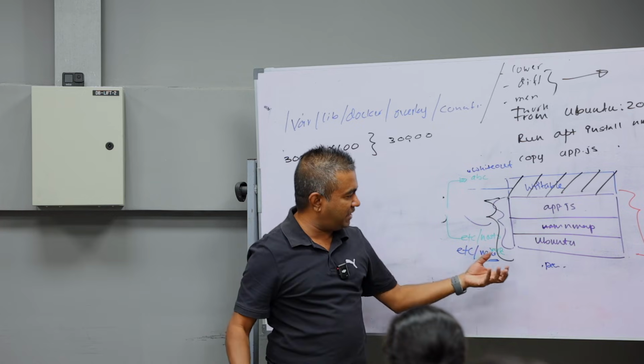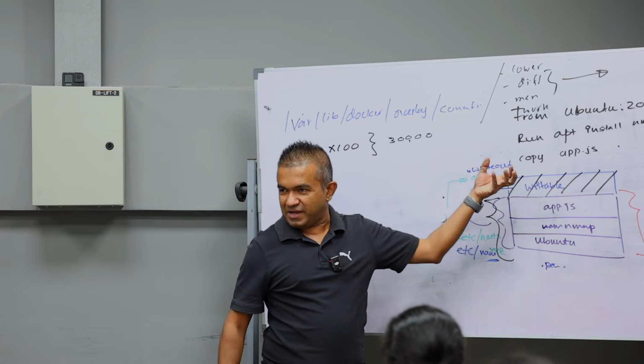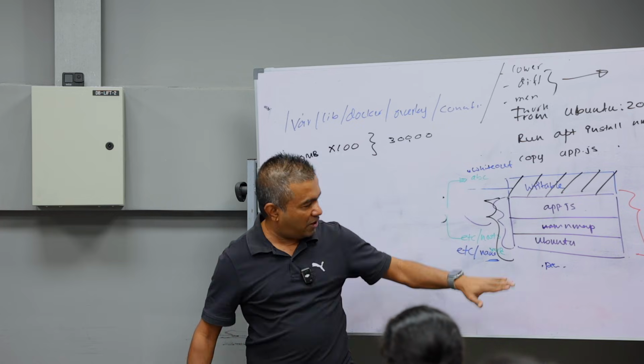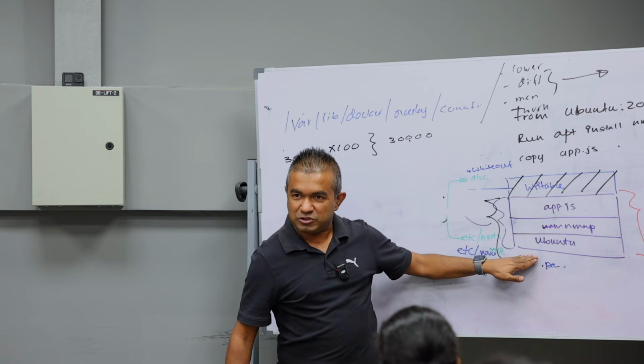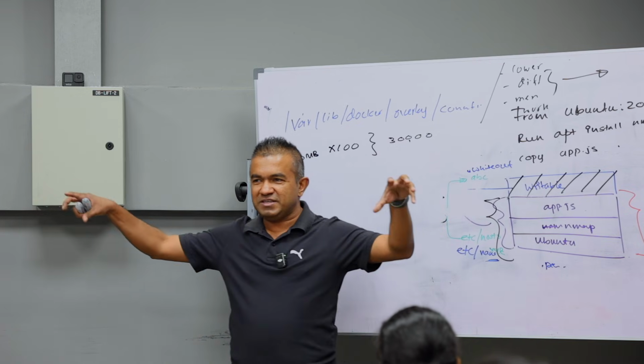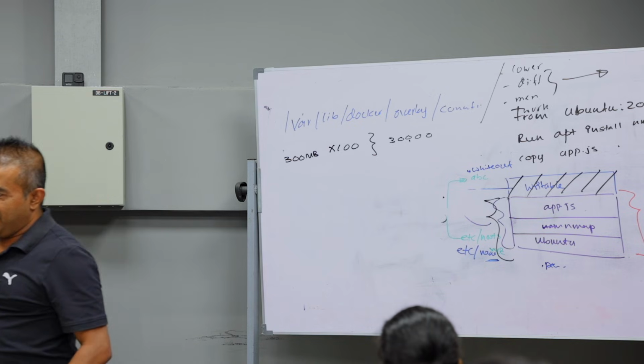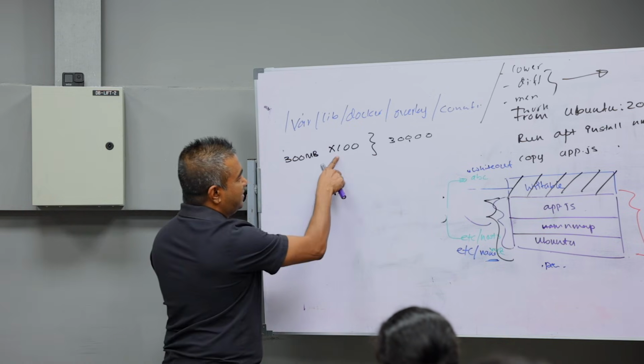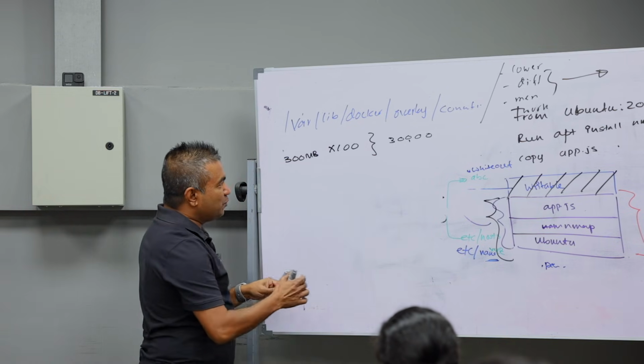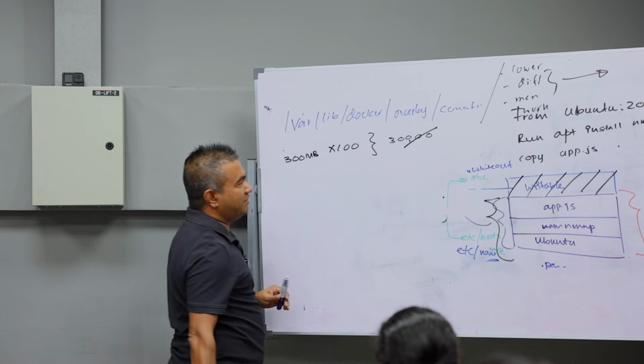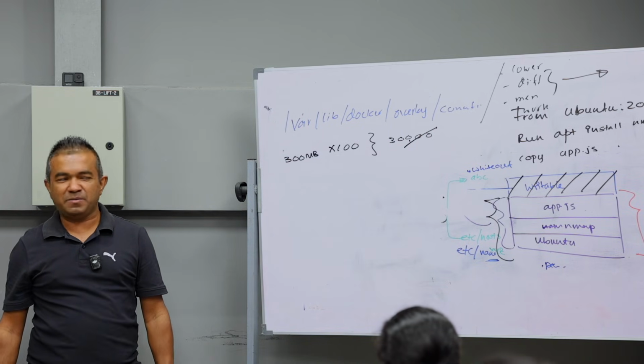Now you can take the same file, put it into your write layer and say Harish. So now the same file has two copies, one in each write layer. Now see the benefit: you are running 100 containers with just 300 megabytes.